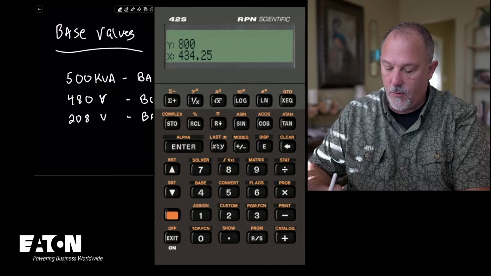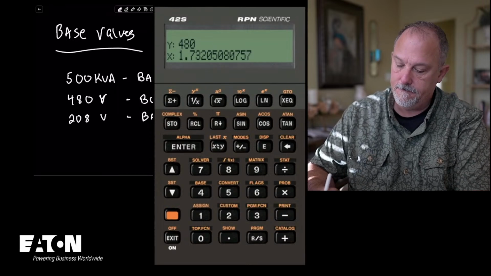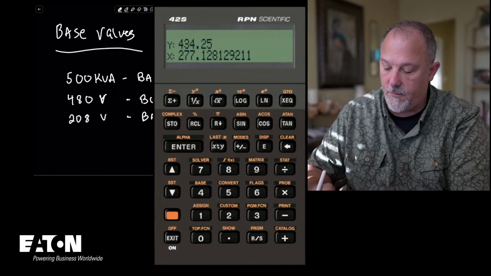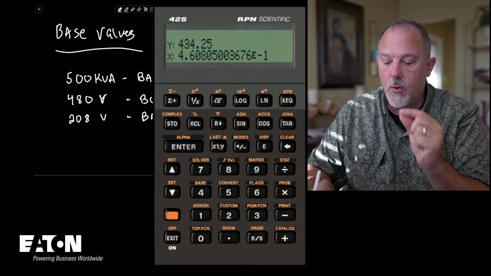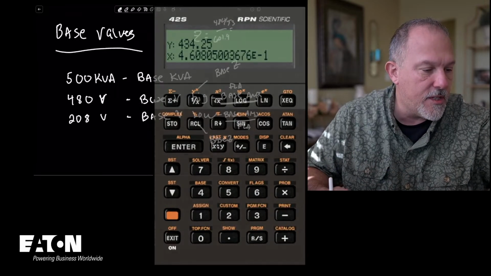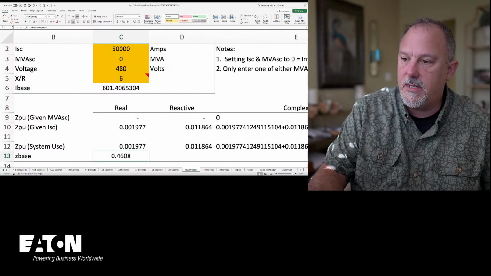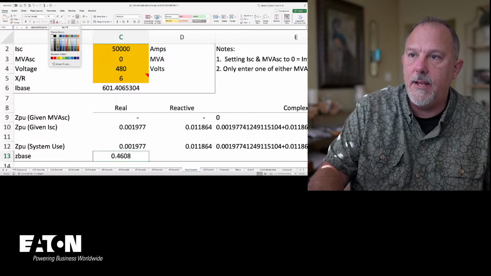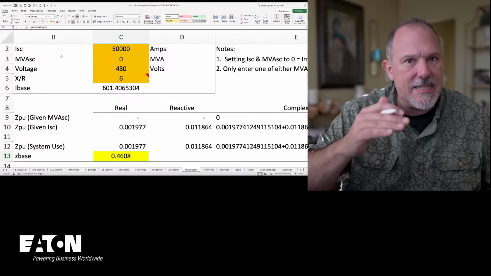So if I take 480, enter square root of 3, divide, and then divide that by my base amps, which is 601.4, I get 0.4608. And there is my base Z right here, 0.4608. I'll highlight it in yellow.